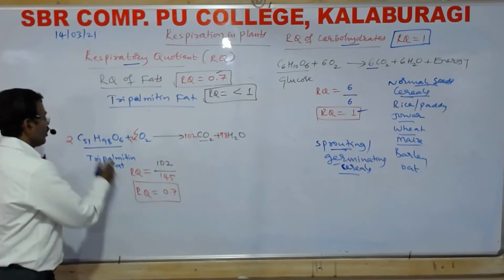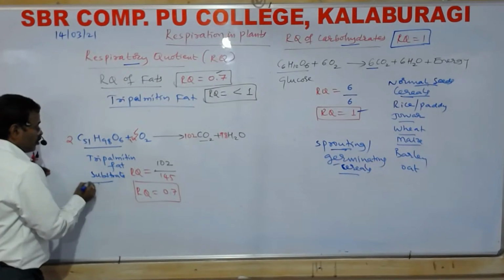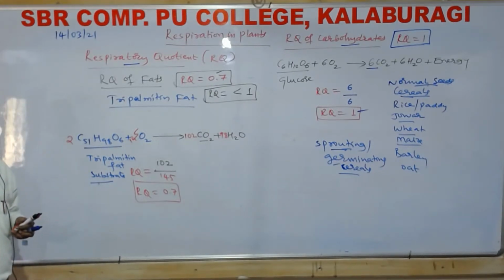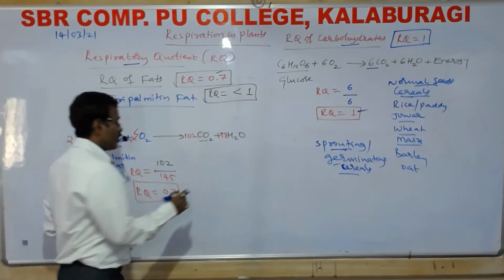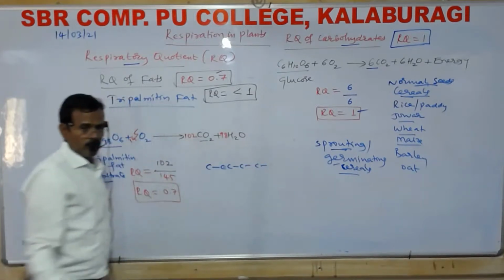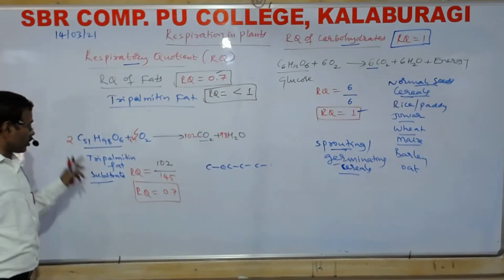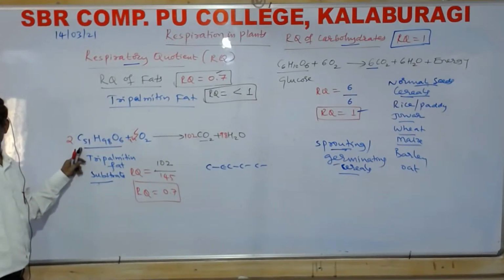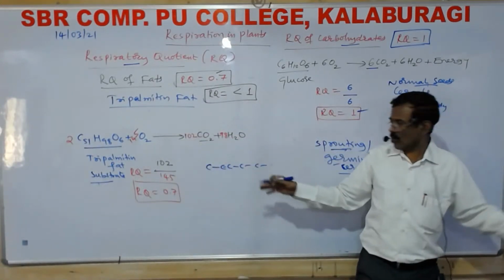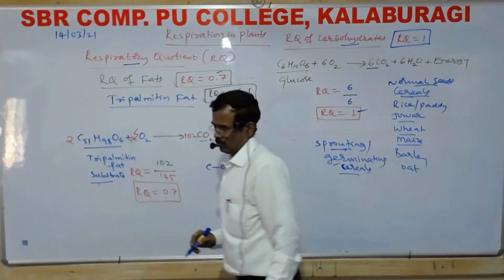See here, this is the substrate, the respiratory substrate. This respiratory substrate is a very long hydrocarbon chain. How long? The carbon skeleton has 51 carbons. Like this, you have written 51, the long chain hydrocarbon. Then you take oxygen.